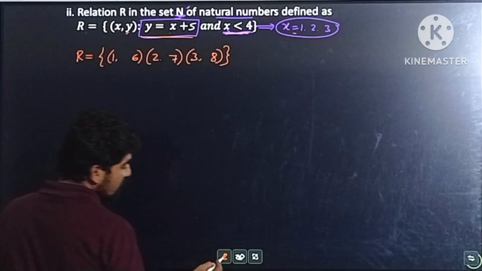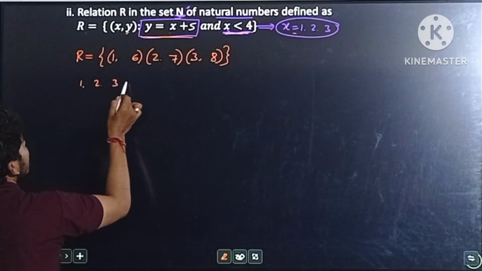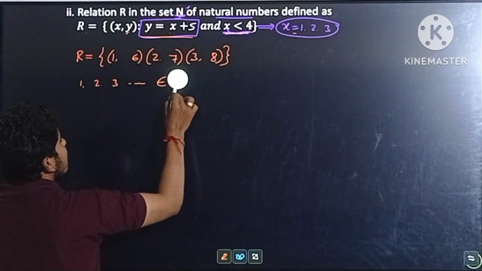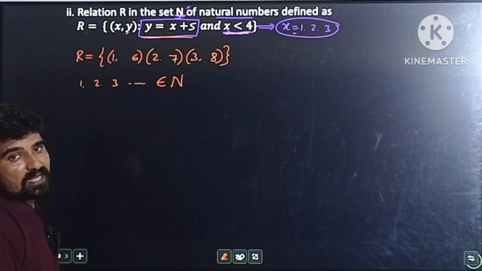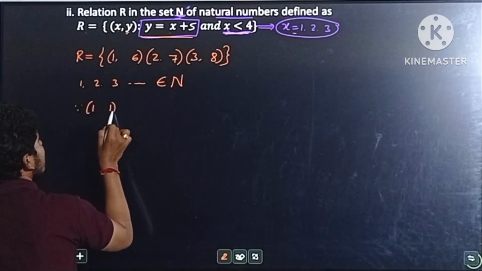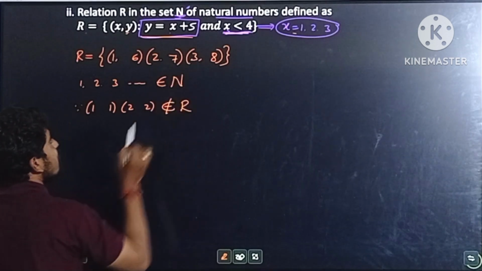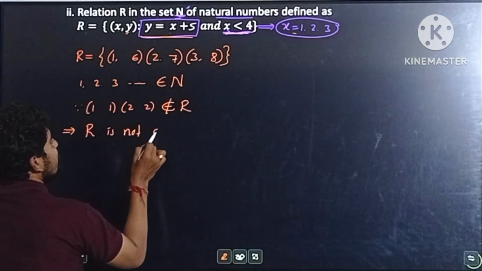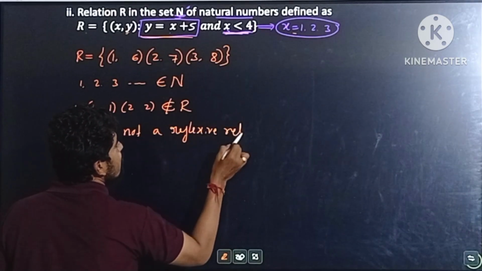Now observe here, since the elements 1, 2, 3 and so on exist in the set of natural numbers, the pairs (1,1), (2,2) and so on do not exist in this relation R, which implies R is not a reflexive relation.